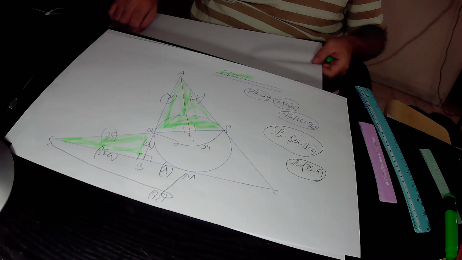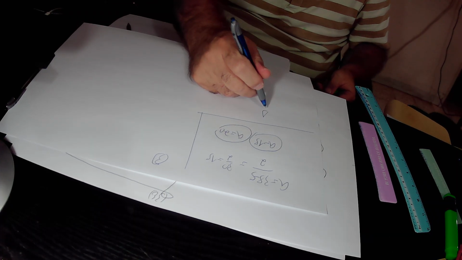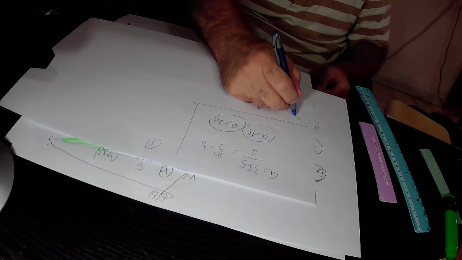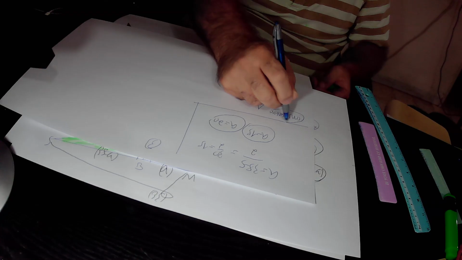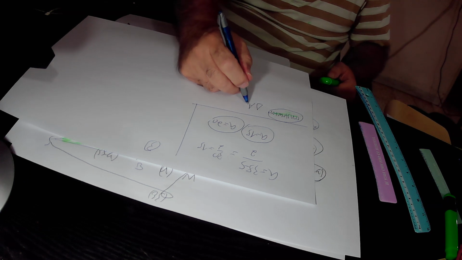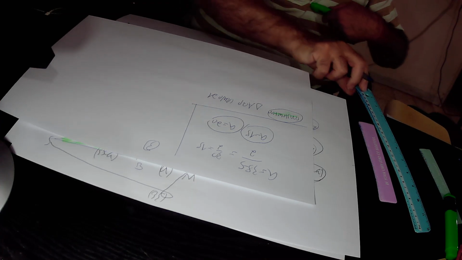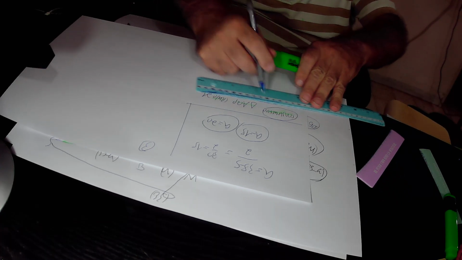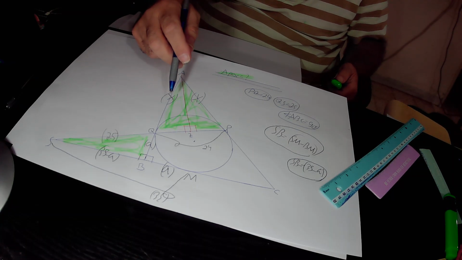So write it down. According to rule 21, in the associated triangle AQP, the perpendicular AZ to the base QP bisects the base QP.